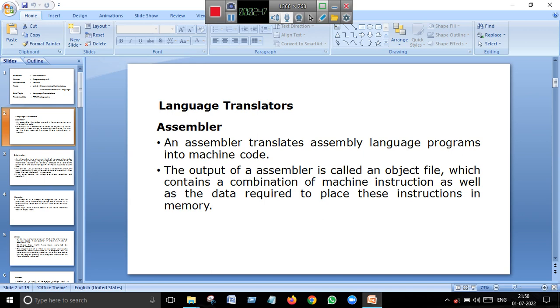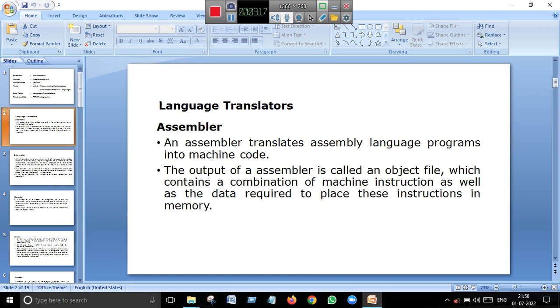It translates one language into another language, or source to object or low level code, which can be directly understood by a machine.